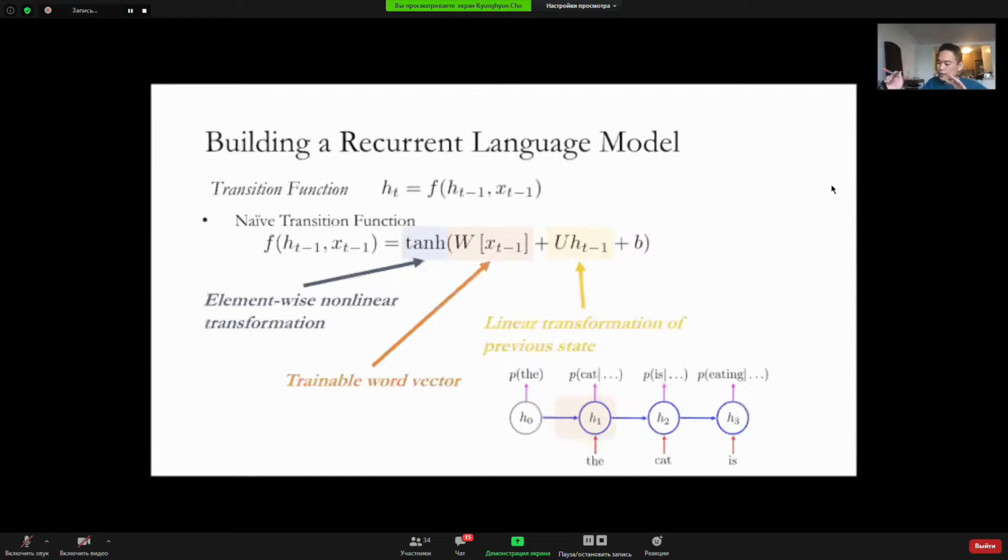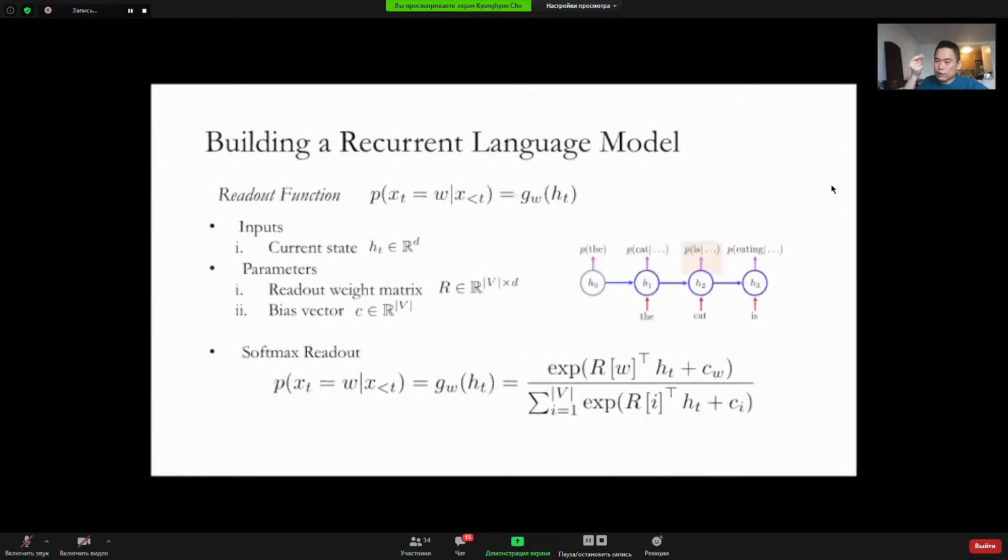What this does is that it reads the current word and the previous hidden state and updates the whole memory on its own. So this is the read and update part. Once our memory is updated, that is, we have h_t now, we should be able to predict what the next word is going to be.